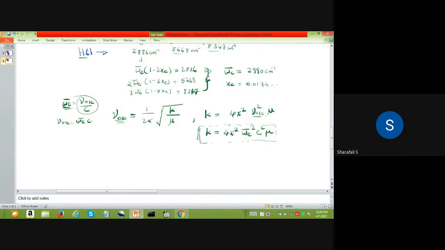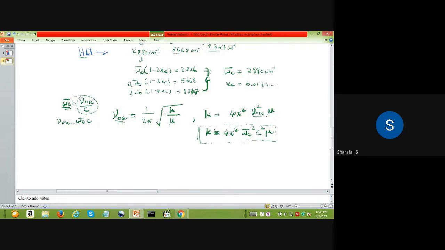which means that in the case of HCl, it will become the force constant associated with that bond between hydrogen and chlorine, which means that the bond elasticity, all those things will depend on this force constant. How much it can stretch, how much it can compress, how it can do all those vibrations, will depend on this force constant.